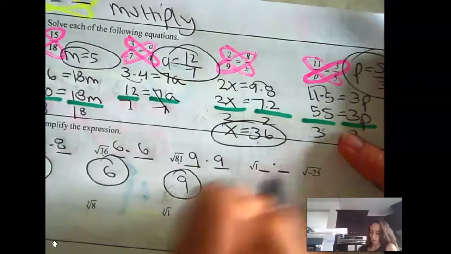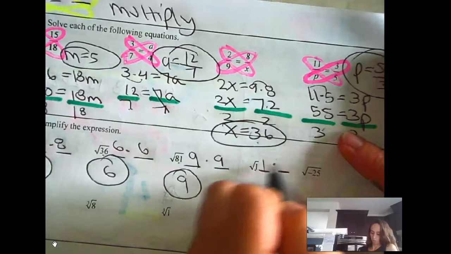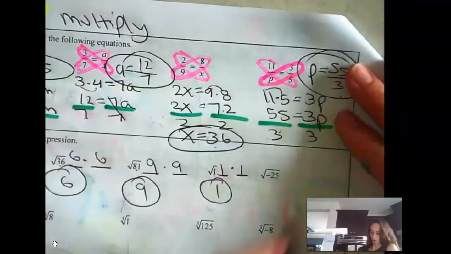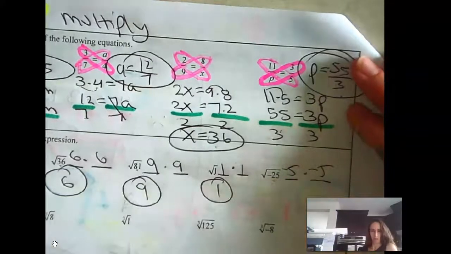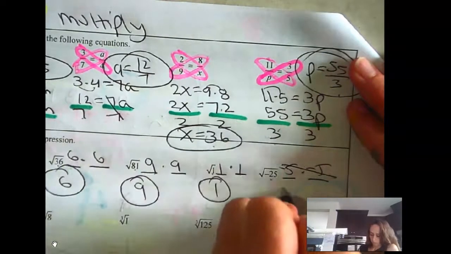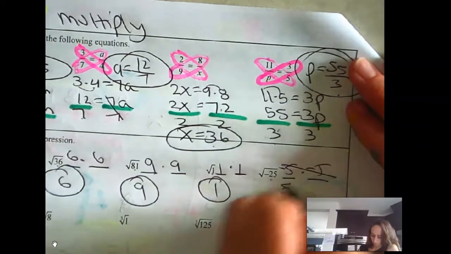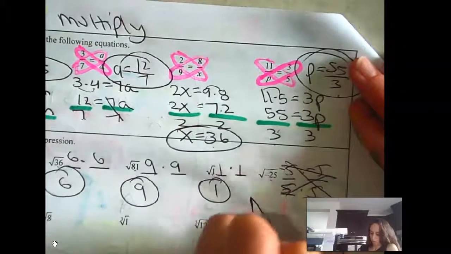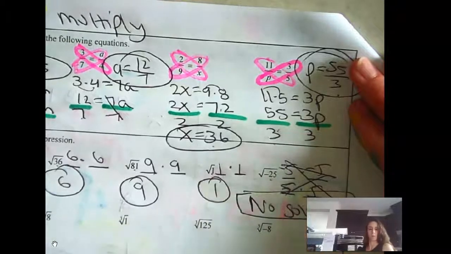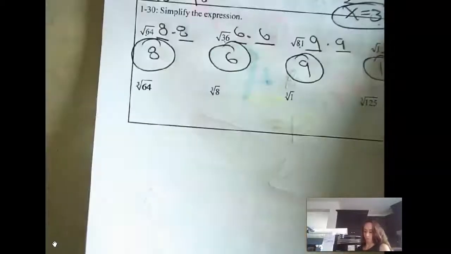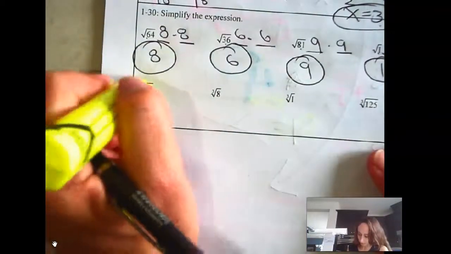What times what gives you 1? 1. What times what? Well, let's see. -5 times -5? No. 5 times 5? No. So this is no solution.